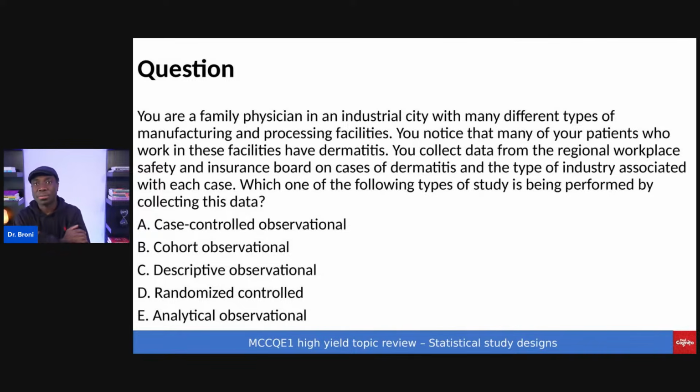Now, you notice that many of your patients who work in these facilities have dermatitis. You collect data from the regional workplace safety and insurance board on cases of dermatitis and the type of industry associated with each of the cases. Which one of the following types of study is being performed by collecting this data? Let me read the question again.